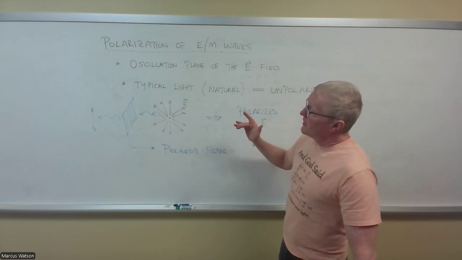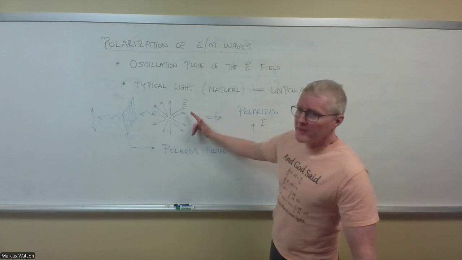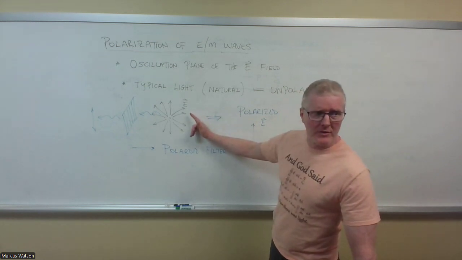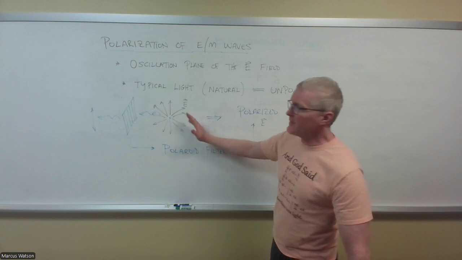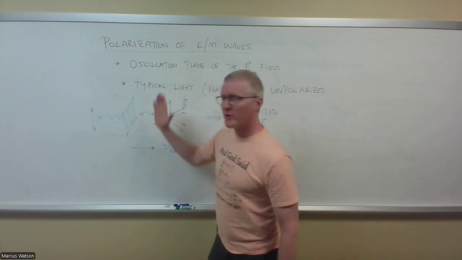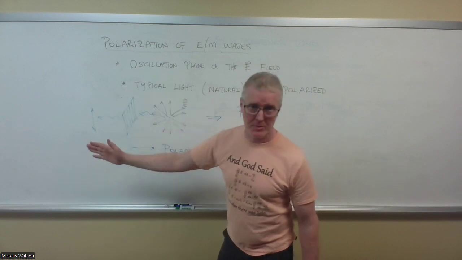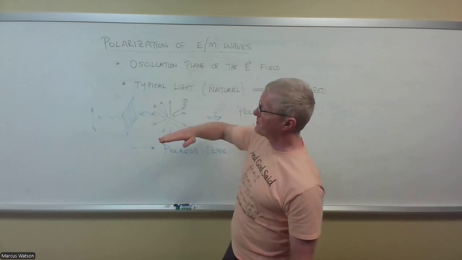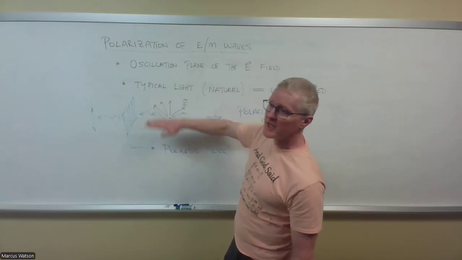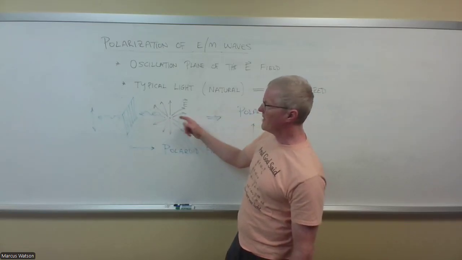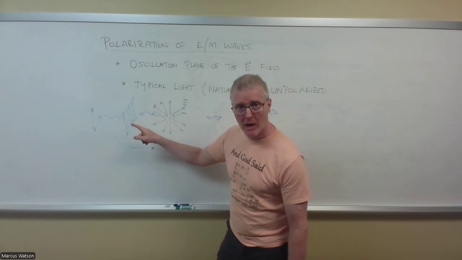Now, remember that the electric field is a vector, so if the light is polarized vertically, and this is a vertical Polaroid, then it'll pass through. And if you're looking at a wave that has horizontal polarization, then it'll get blocked.